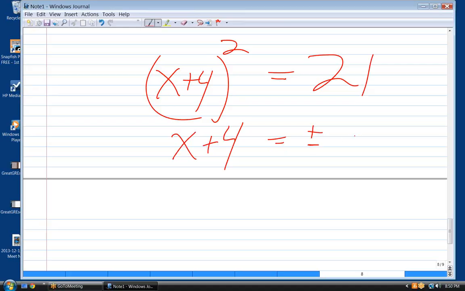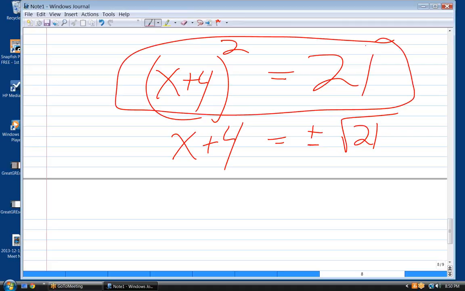Always remember that plus or minus square root of 21. 90% of my students forget that. And you will lose points on your test if you forget that plus or minus. It's plus or minus whenever you take the square root of both sides in an equation. Make sure that the side that has the number on it has that plus or minus. I can't repeat it often enough.